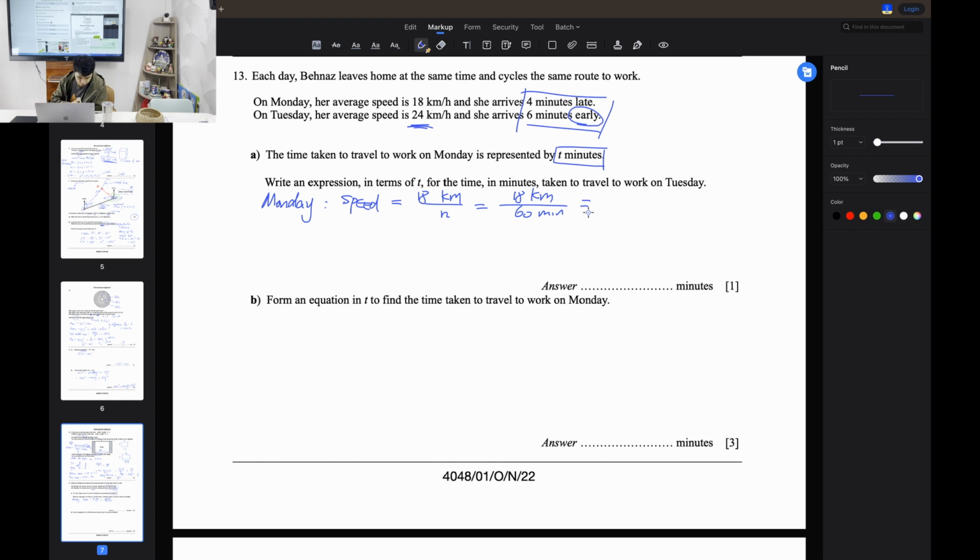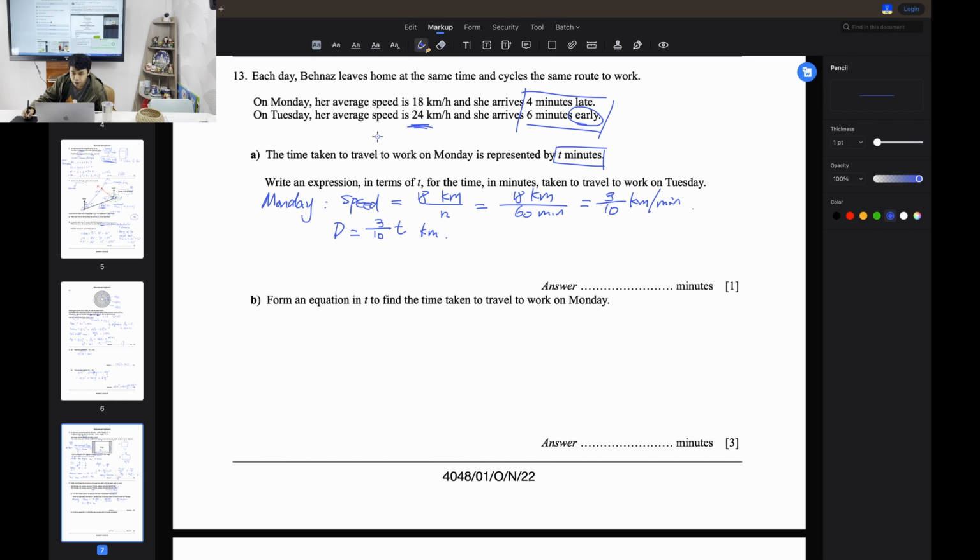This gives us 18 divided by 60, 0.3, which is 3 over 10 kilometers per minute. Now we have the time, which is T, right? So the distance D equals 3 over 10 T. This is in kilometers, the distance she travels.